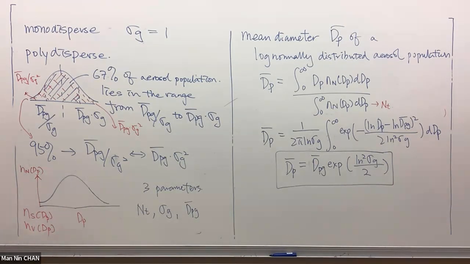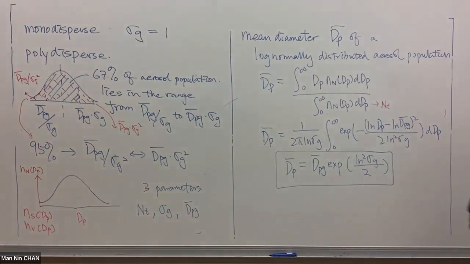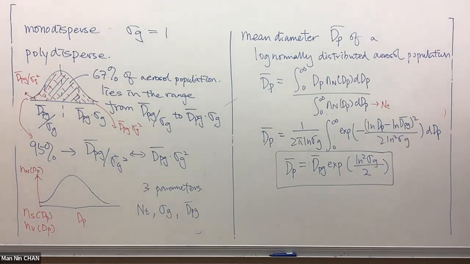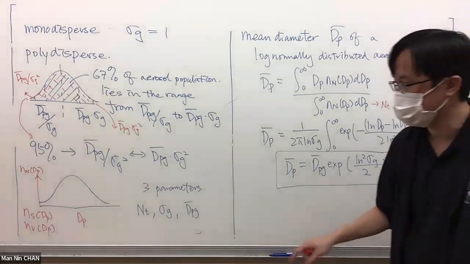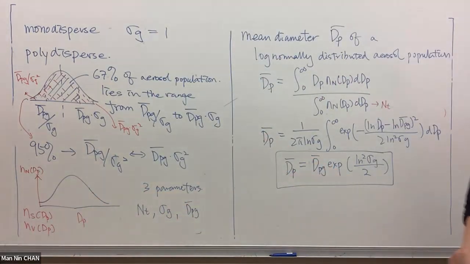And also, people find, we don't go into the details here, that if your number distribution is log normally distributed, then when you plot your data in terms of surface area or volume, they will also be log normally distributed. And they will have the same geometric standard deviation, that means the same sigma g. The only difference is the median diameter.